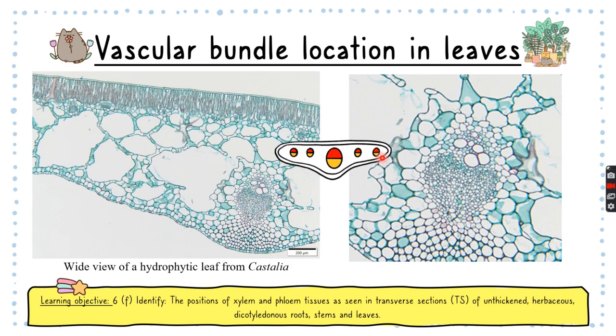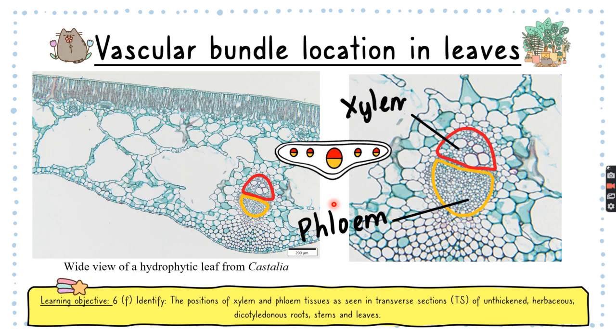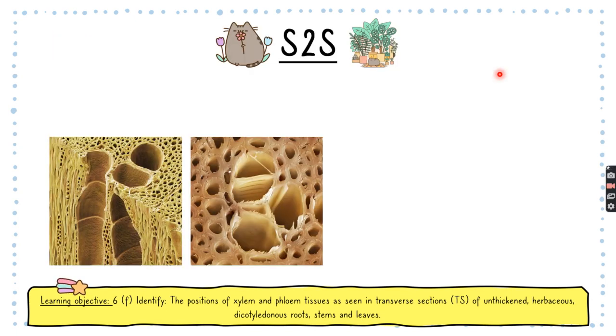The position is always the same, whereby you have the top over there, isn't it? That is your xylem, and the bottom. So make sure that you know that the phloem should be at the bottom and the xylem should always be at the top when you're looking at the position of the vascular bundle in the leaves.